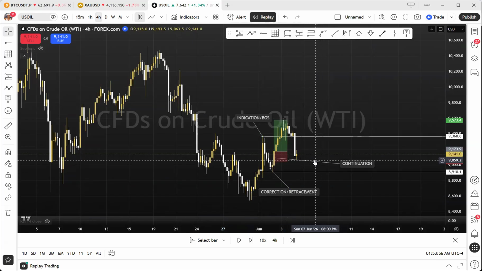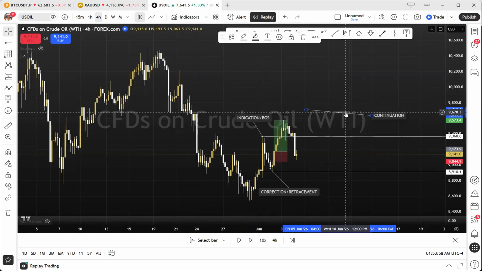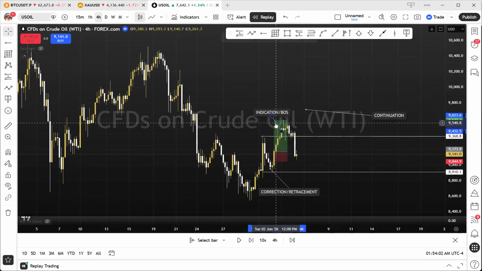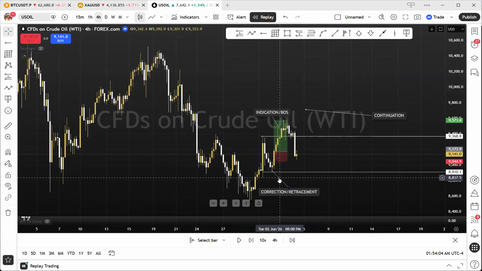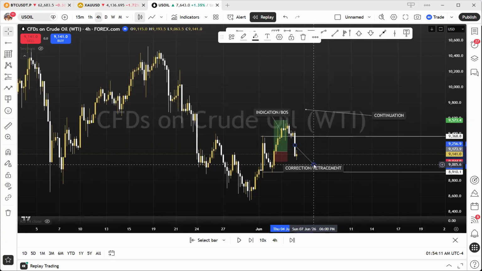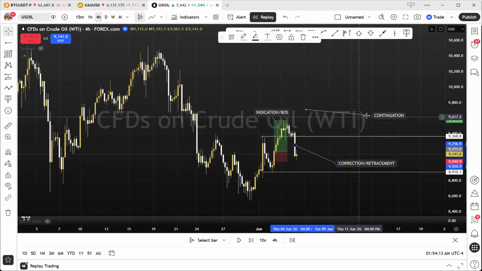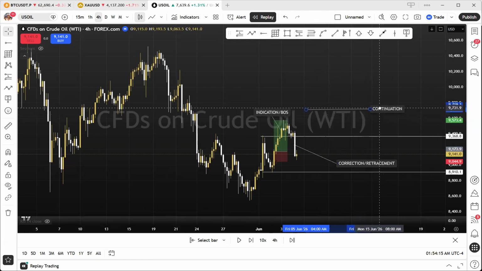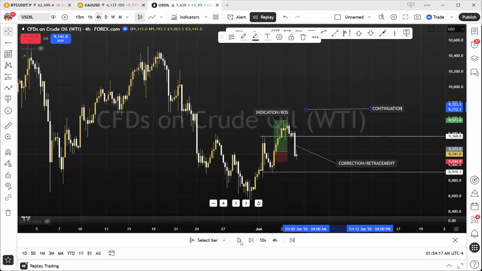And then I'm just gonna take this as your indication, this as your correction, and a possible continuation when price comes out. So what happens? We only know that we are getting to a trade after price comes out of this with the body.